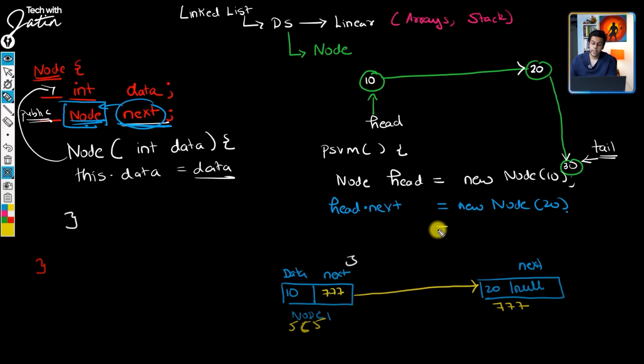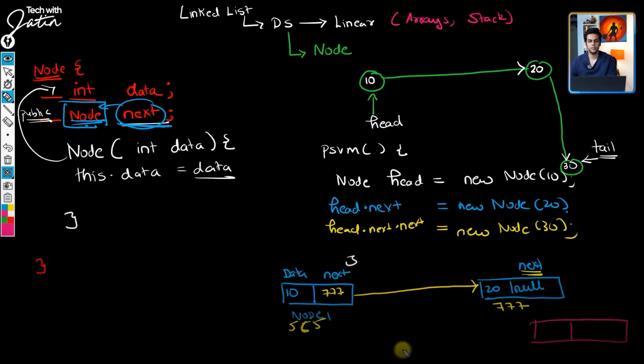Let's say you want to create another object. Create it equal to new Node of 30. Here I can say head dot next dot next. We are talking about this particular object and we want to access this next variable. Then your new node will be created. This is going to be 30. Let's say this particular object is available at 888 memory location.